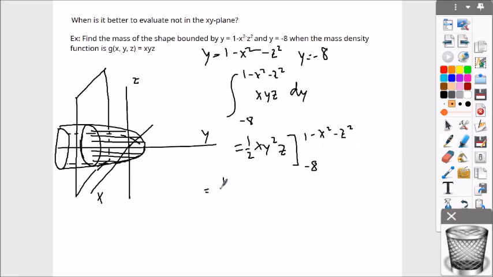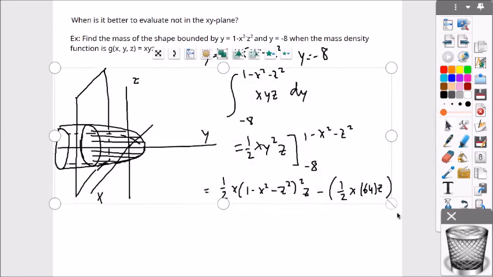Which is equal to 1/2 times x times 1 minus x squared minus z squared, squared. Yeah, that does not look very fun to integrate. Minus 1/2 times x times 64 times z.